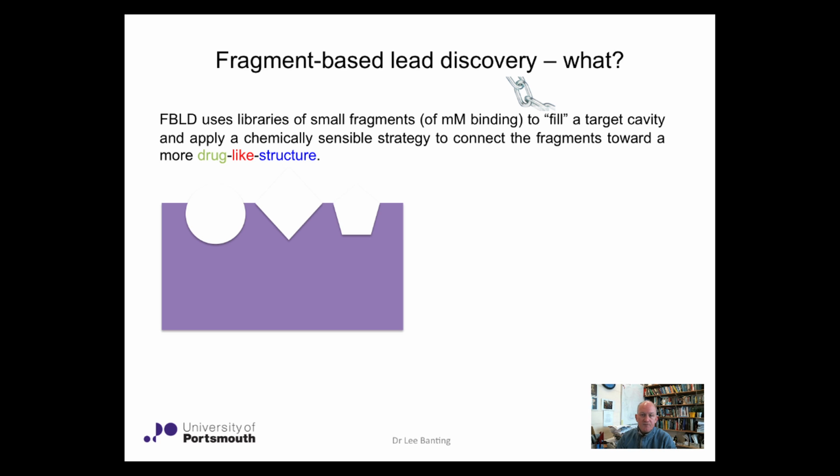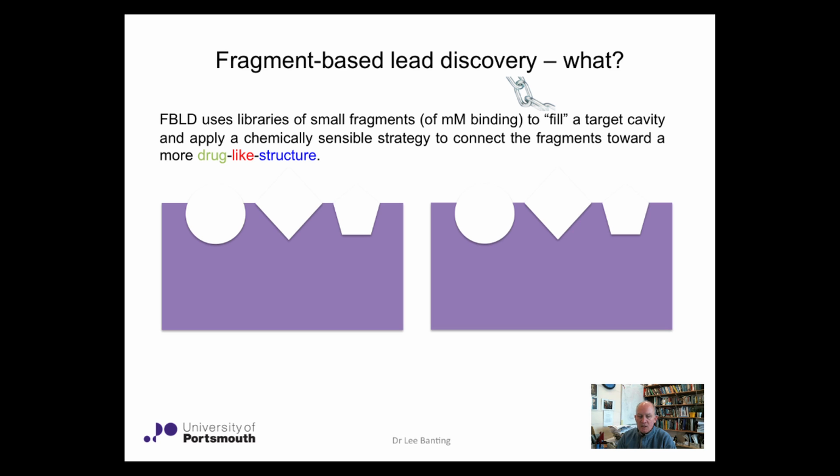So here's our target. Our target protein has various small cavities available in a binding site, and what we will do is look for millimolar fragments that will have identity with those particular binding sites.